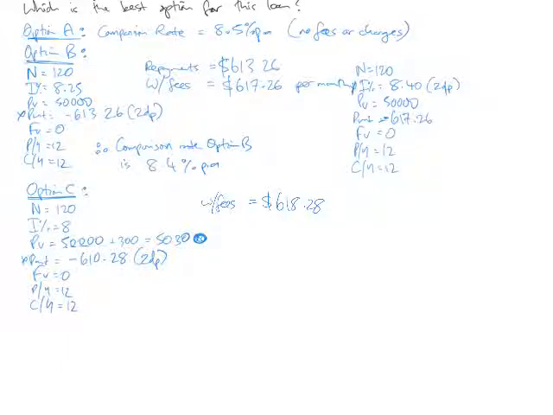So your last step, step 4, is TVM solver again, and you're solving for the interest rate, considering the fact that your home loan was $50,000, even though in this part of the question you considered the $300 on top of that, and you're paying it off with repayments of negative $618.28.